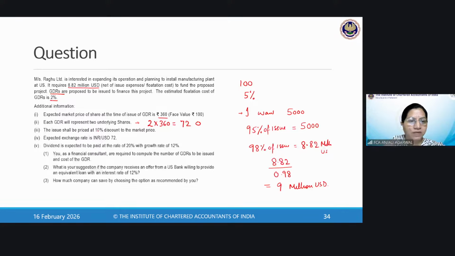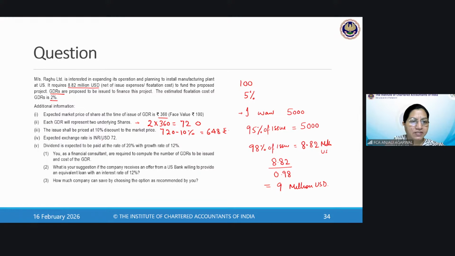But you are going to price it at 10% discount. So 720 minus 10%, you will get 648 rupees from each GDR.